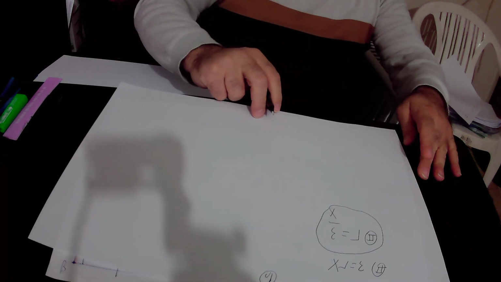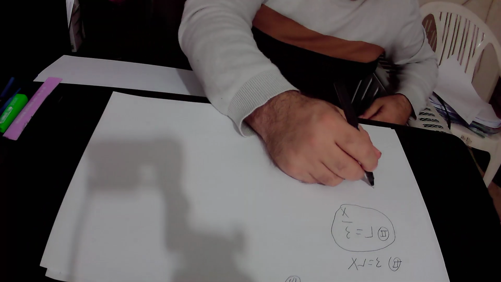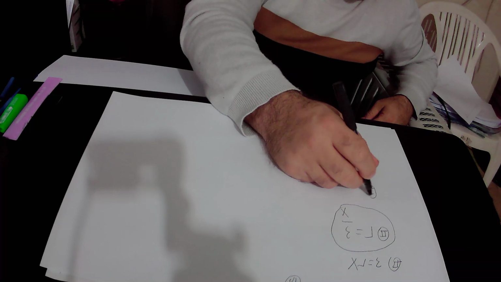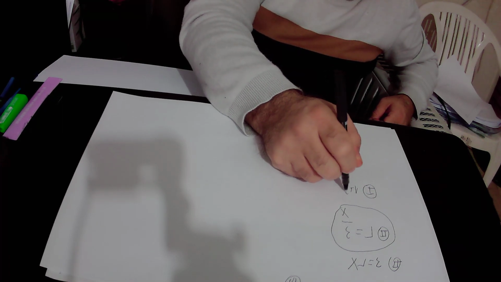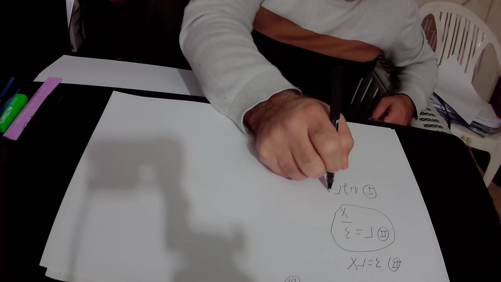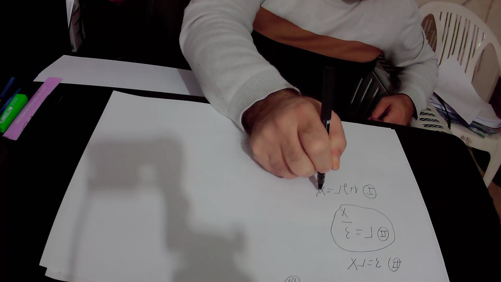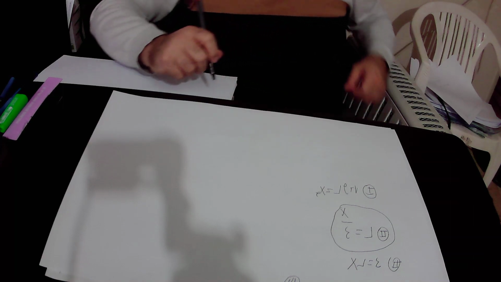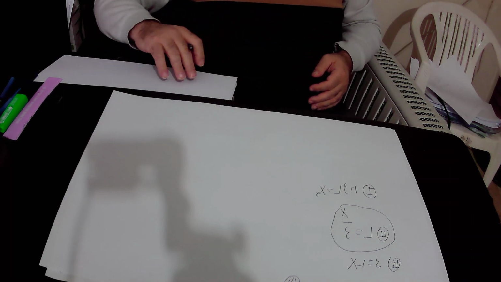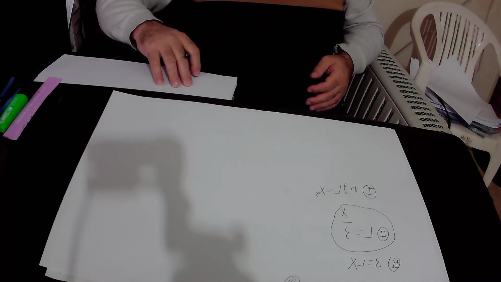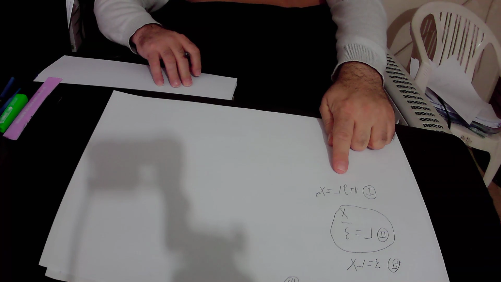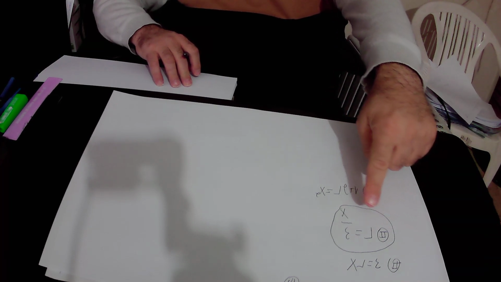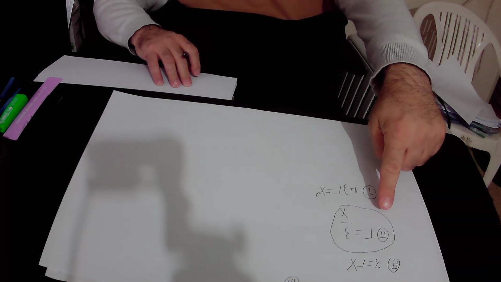But according to equation number 1, we have already found out that 1 plus 2r equals x squared. So here we can substitute r by 3 over x, because r equals 3 over x according to equation number 2.